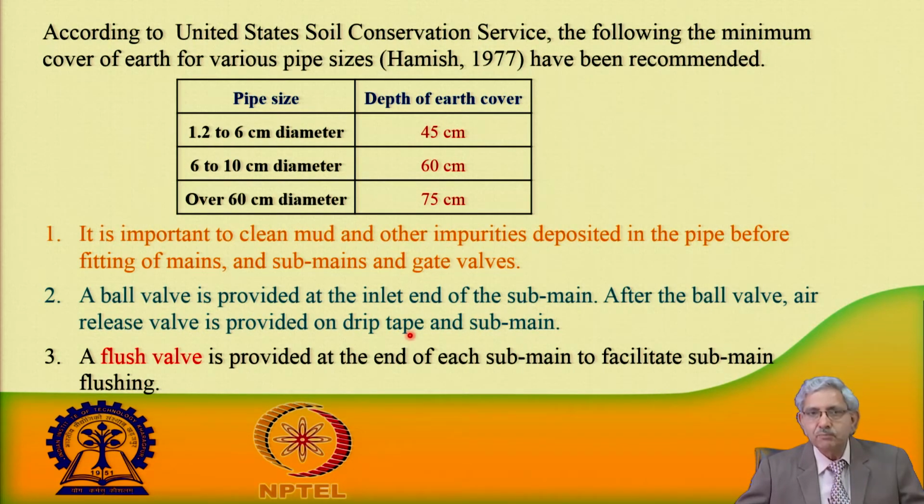A ball valve is provided at the inlet end of the sub main, and after the ball valve, an air release valve is connected on the drip tape or sub main pipeline, so that whatever air has entered or is entrapped in the pipeline can be removed by using the air release valve. A flush valve is required at the end of each sub main pipeline to facilitate sub main flushing.